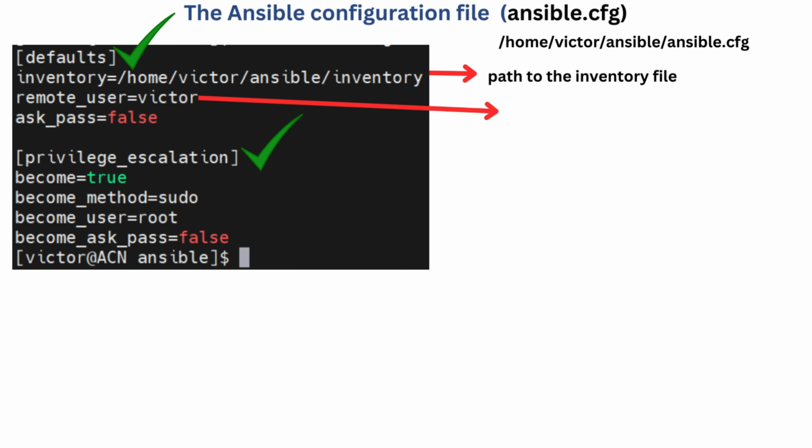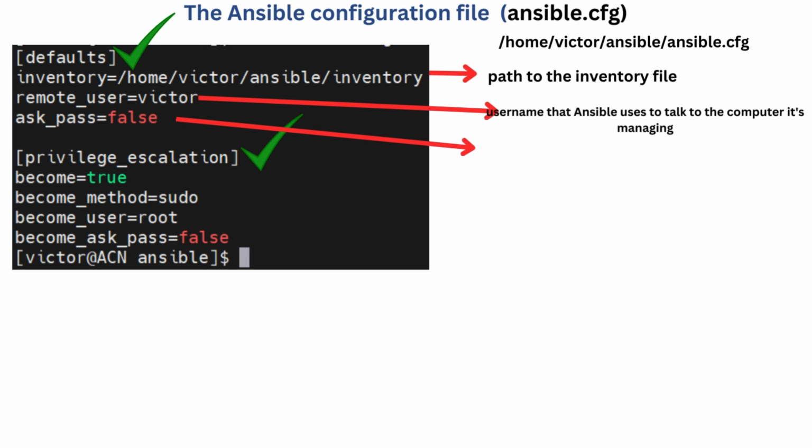And this means that the user that would run the Ansible operations on the managed host or on the remote host is Victor. And we also have a parameter like ask_pass, meaning that whenever Ansible wants to run the Ansible operation, it shouldn't prompt us for a password. So the ask_pass means ask for password, and we're saying that false.